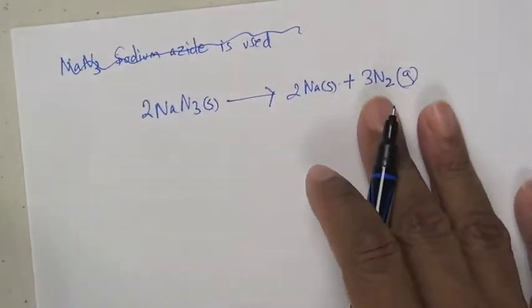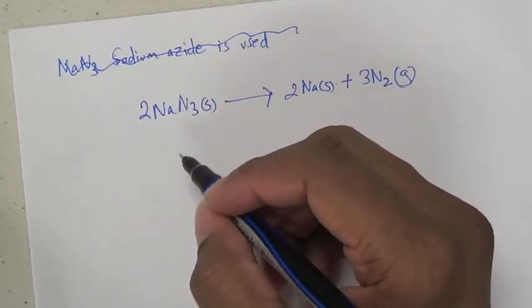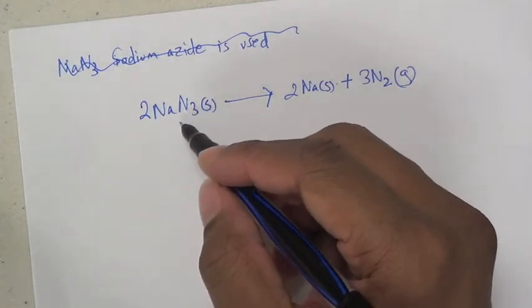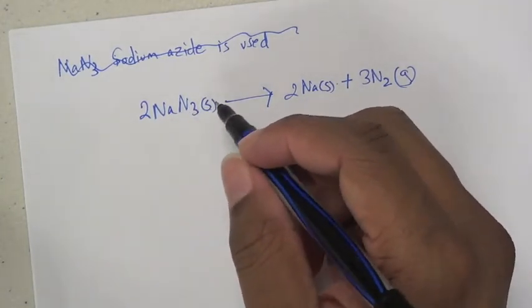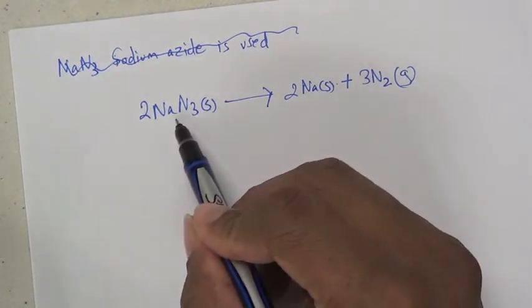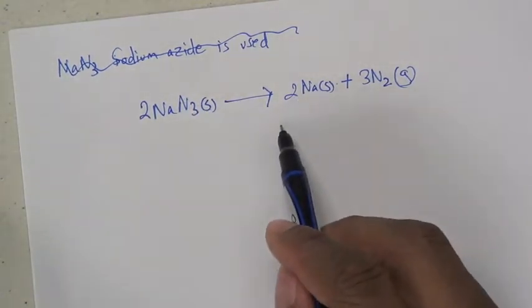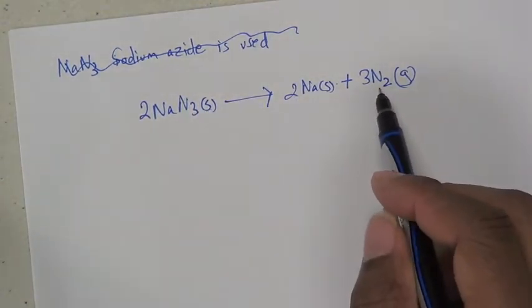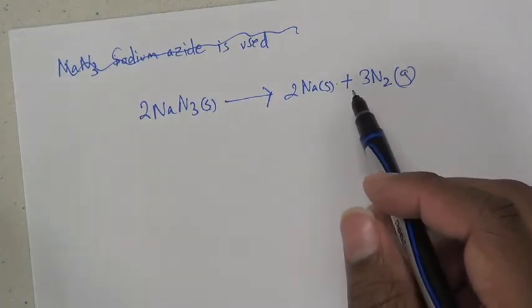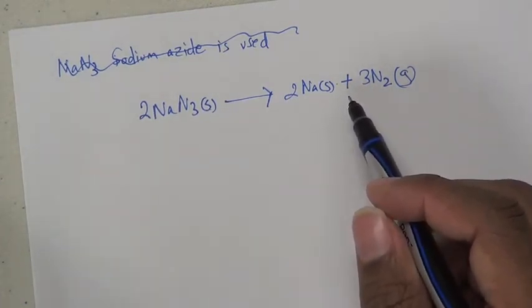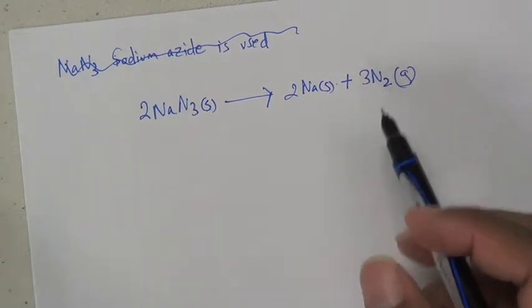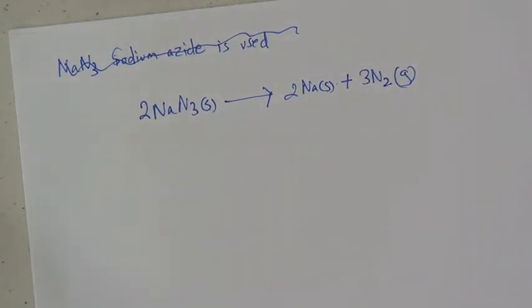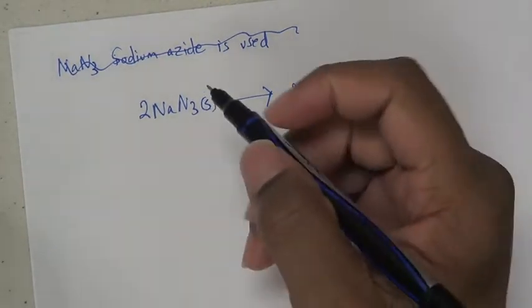What they say happens is that sodium azide is used in some automobile airbags. The impact of a collision triggers the decomposition of sodium azide into sodium and nitrogen gas. The nitrogen gas produced quickly inflates the bag between the driver and the windshield and dashboard. So that airbag is full of nitrogen gas due to the decomposition.